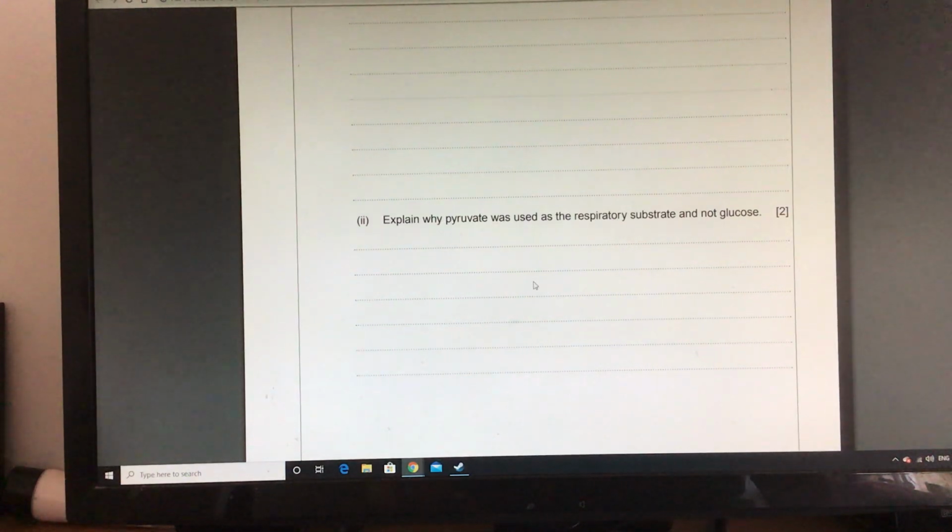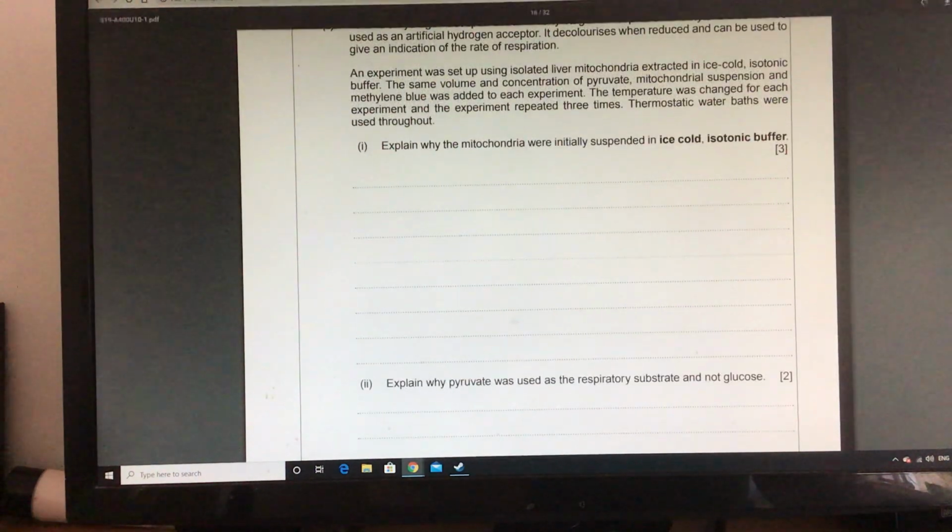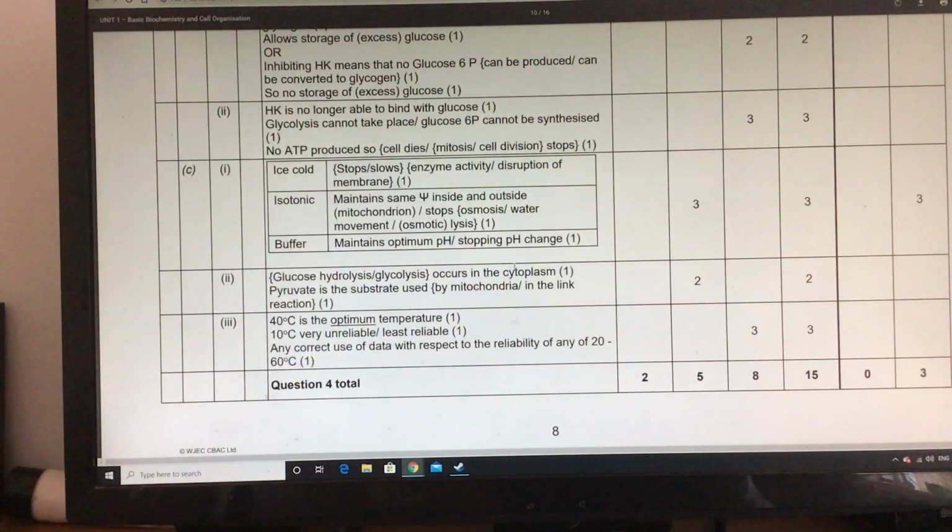So link reaction and Krebs cycle happens in there. Pyruvate is the right fuel for that. Glucose isn't, quite simple. So mark scheme: because glycolysis takes place in cytoplasm, and pyruvate is the right substrate for mitochondria and the link reaction in there.